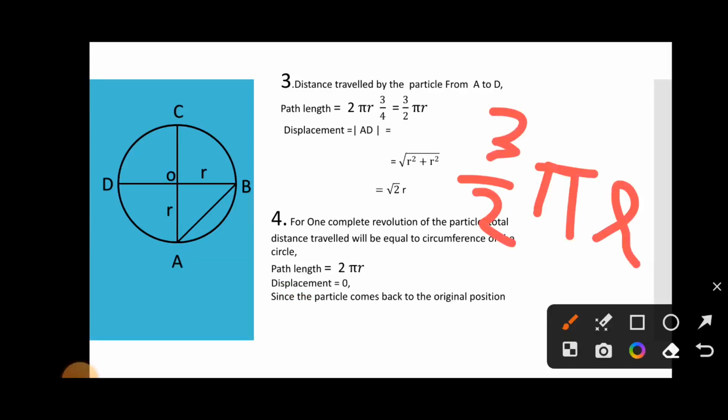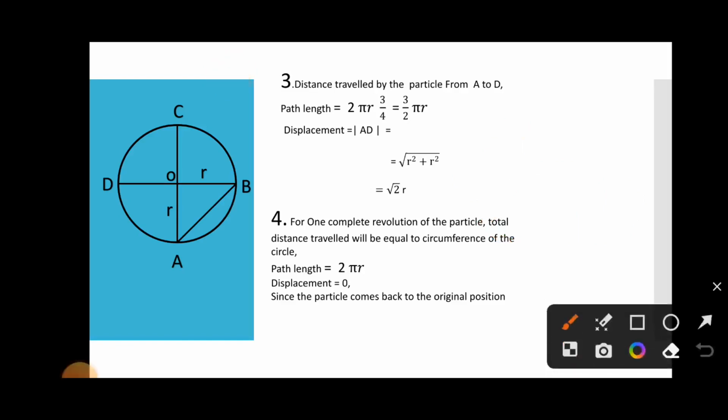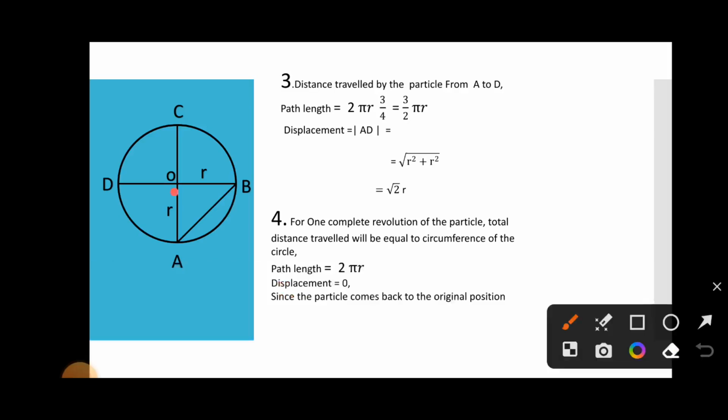And also the displacement magnitude AD is equal to under root OA square plus OD square, which is under root r square plus r square, which gives root 2 into r.